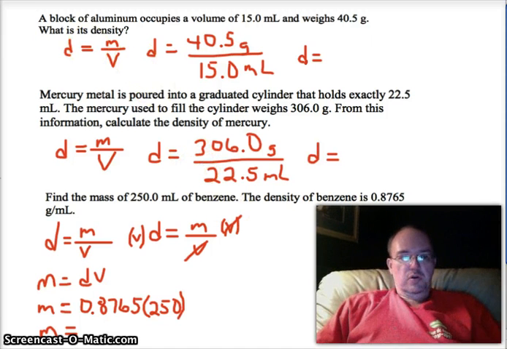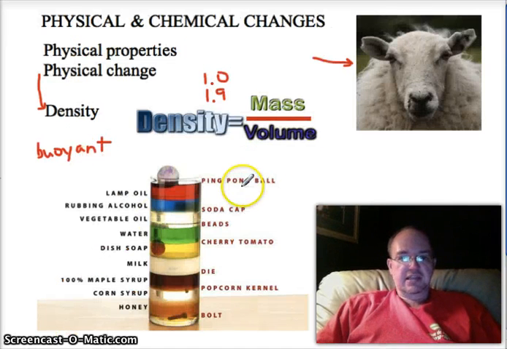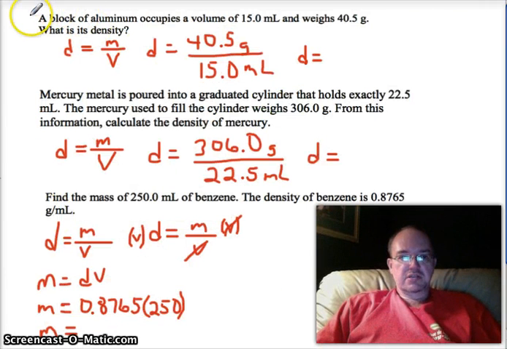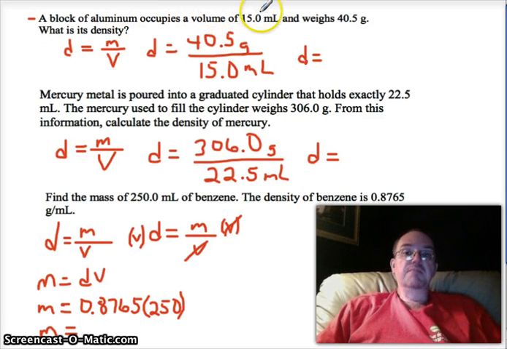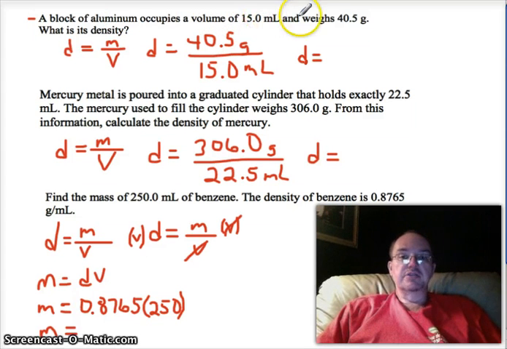We mentioned before, or at least it was on this slide, that density equals mass over volume. So here it says a block of aluminum occupies a volume of 15.0 milliliters and weighs 40.5 grams. What is the density? Now, before we get to the calculations here, milliliters is pretty much equal to centimeters cubed.